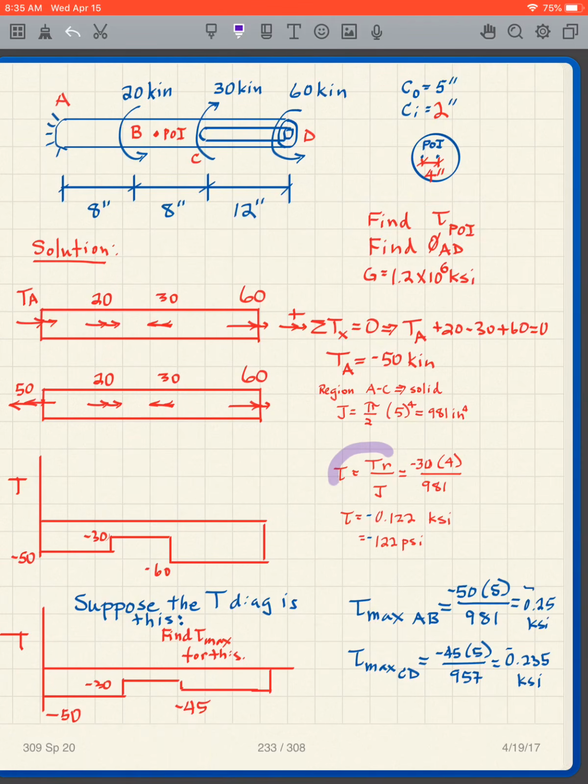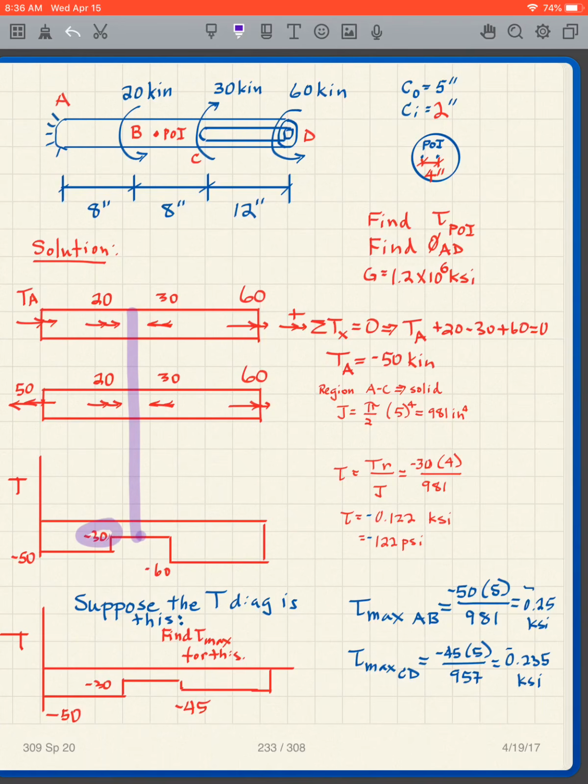So tau is TR over J. My J is solid there, so it's pi over 2 times 5 to the 4th. At my point of interest, between B and C, I'm here.